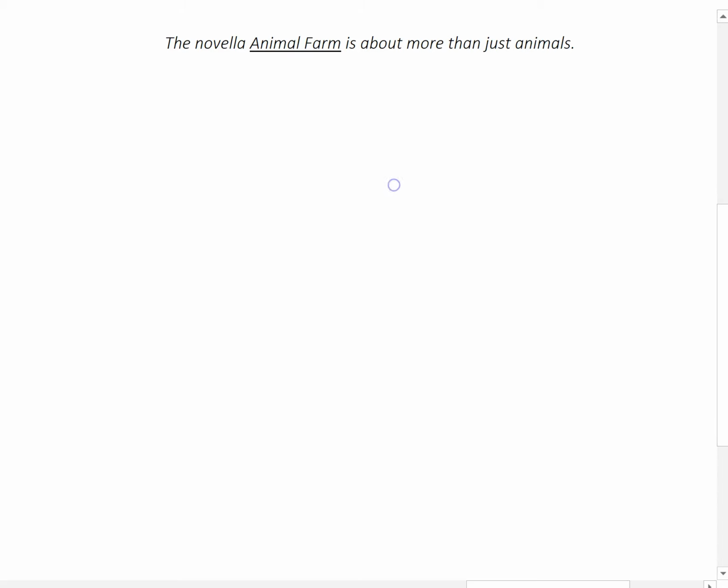So now we're going to take this topic and come up with a contention and 3 main reasons, or 3 main ideas to support that. So let's imagine we've done that same process of words and question the question for this topic, and I'm going to come up with a main contention and 3 main points. So this topic says the novella Animal Farm is about more than just animals.